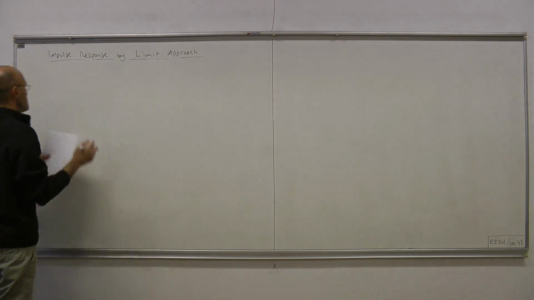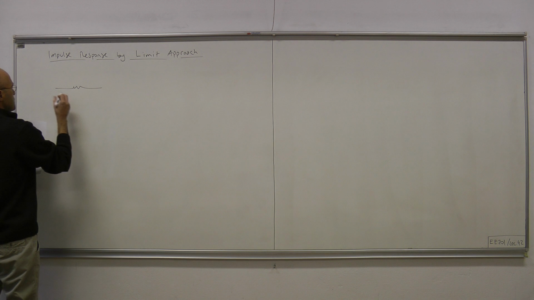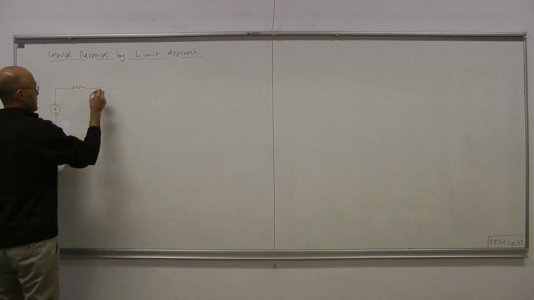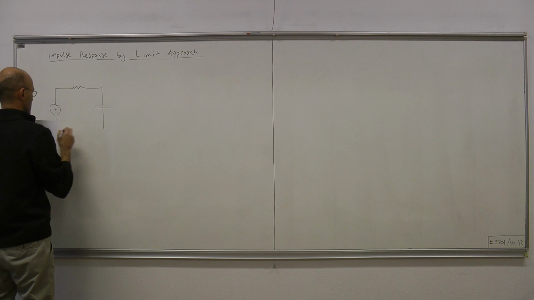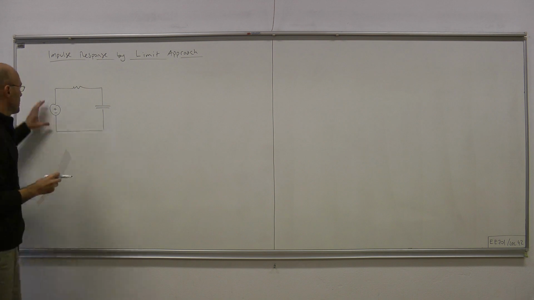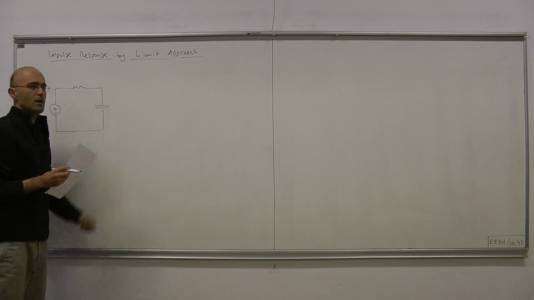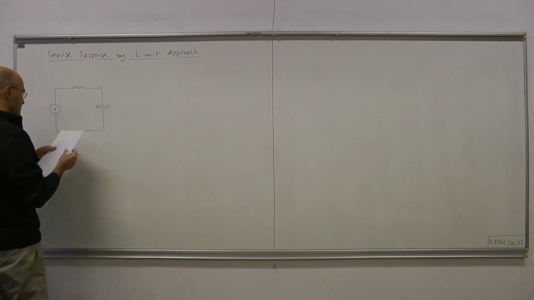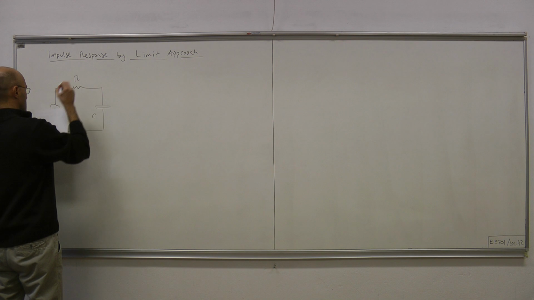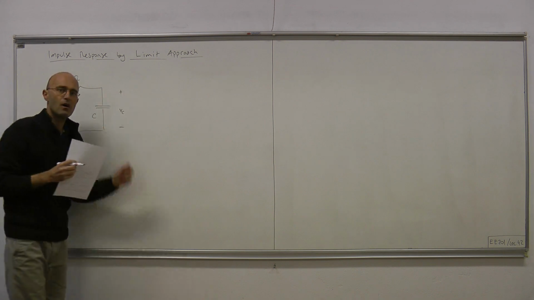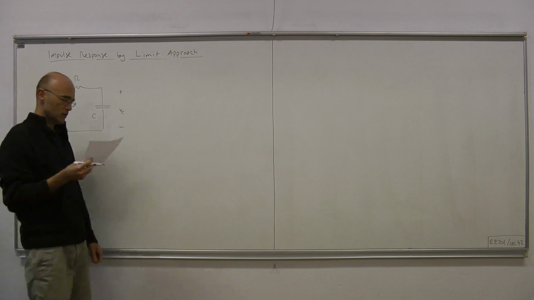So this was the circuit that we studied in the previous lecture. This is the source. We have an LTI resistor R and our capacitor C, with voltage V_C plus minus. And this is our output of interest, the capacitor voltage.